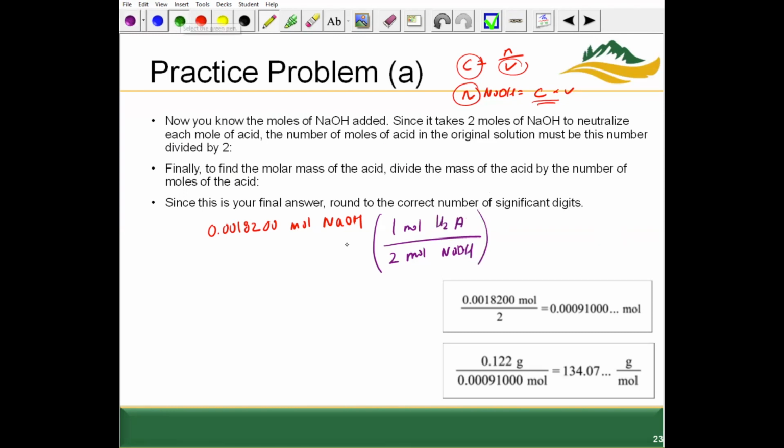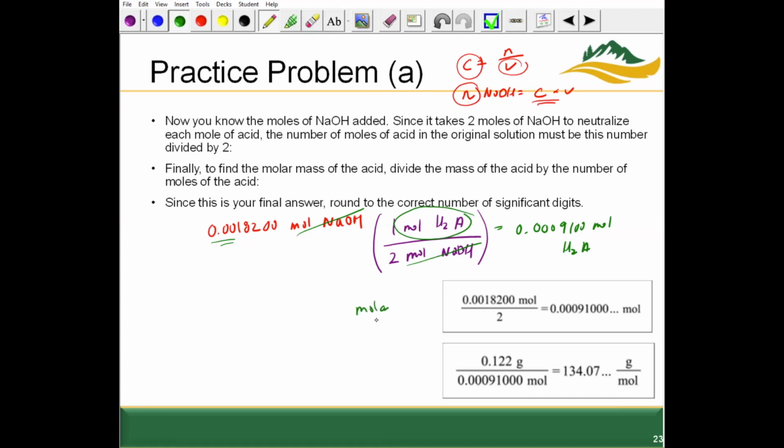This leads to moles of NaOH canceling out. So we're taking this amount divided by 2. Then, really importantly, we're left with moles of our acid, which will then help us get our molar mass. So when we take this amount divided by 2, that's 0.009100 moles of H2A.